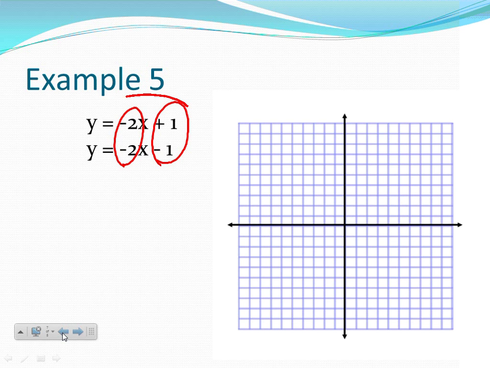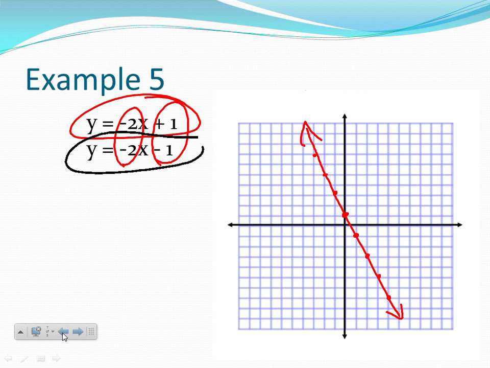But let's graph them just to make sure. My top one, I'm going to go up 1, and then I'm going to travel down 2, right 1, down 2, right 1, down 2, right 1. So there's your first one. And then the second one I'm going to graph in black.